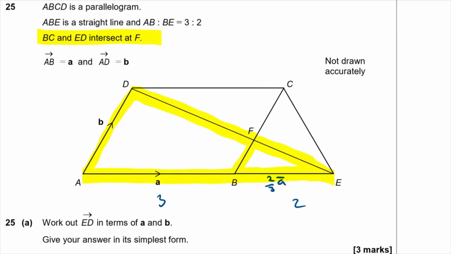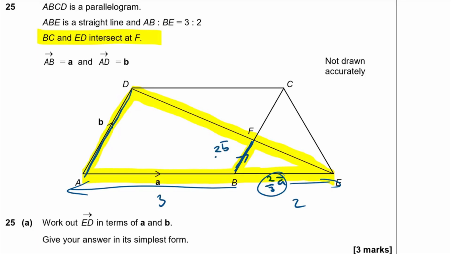So the ratio of the bigger triangle is 5 to 2, because this was 2/3, look, and then from here all the way along to here was 5/3. So the small triangle to the big triangle is in a ratio of 2 to 5, which means that this side here is going to be 2/5 of B. So from B to F, that's going to be 2B over 5.